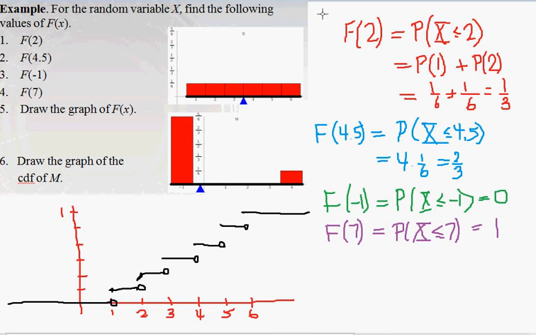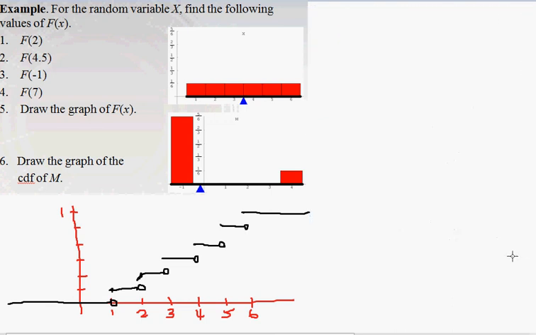Let's now turn to the graph of the CDF for m. And we can do that similarly. It's actually a little bit easier because there's only two values to worry about. So here's the y-axis, and here's the x-axis. So there's two x values to worry about, -1 on this side and 4 on this side.